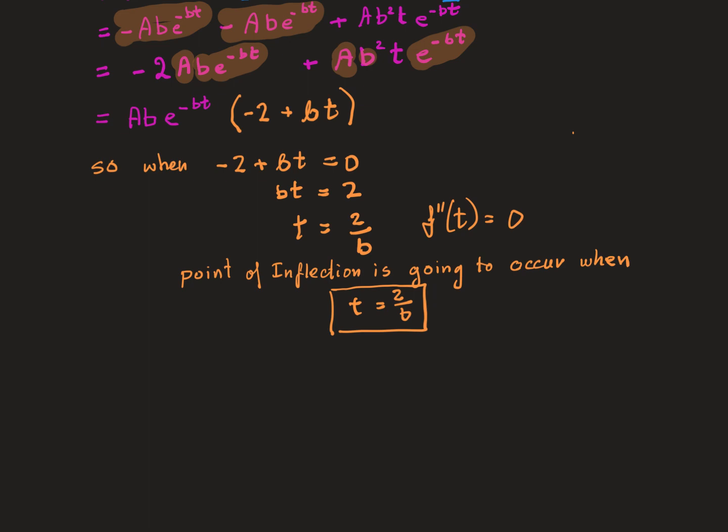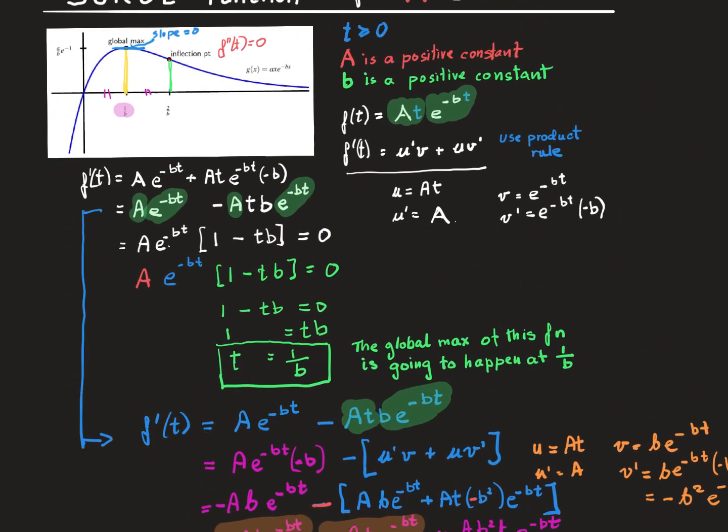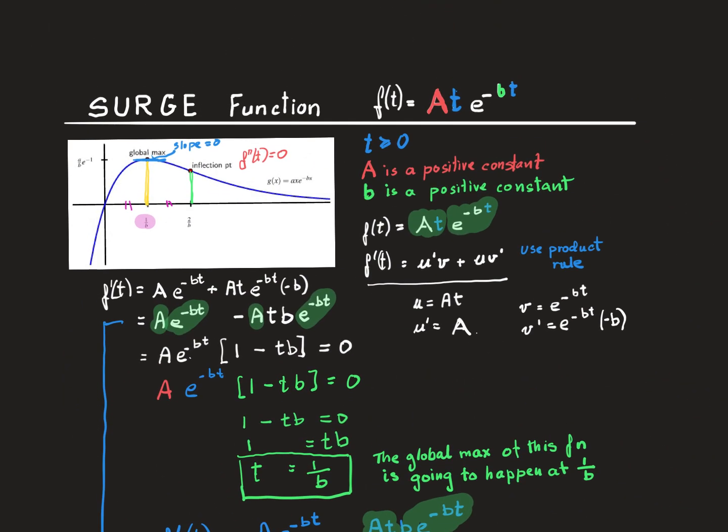Now let's look at the graph itself at the very top again, and you notice that this part, as we said, was 1 over b, and this is 2 over b. So it can be deduced that this length over here is the same as this length over here.